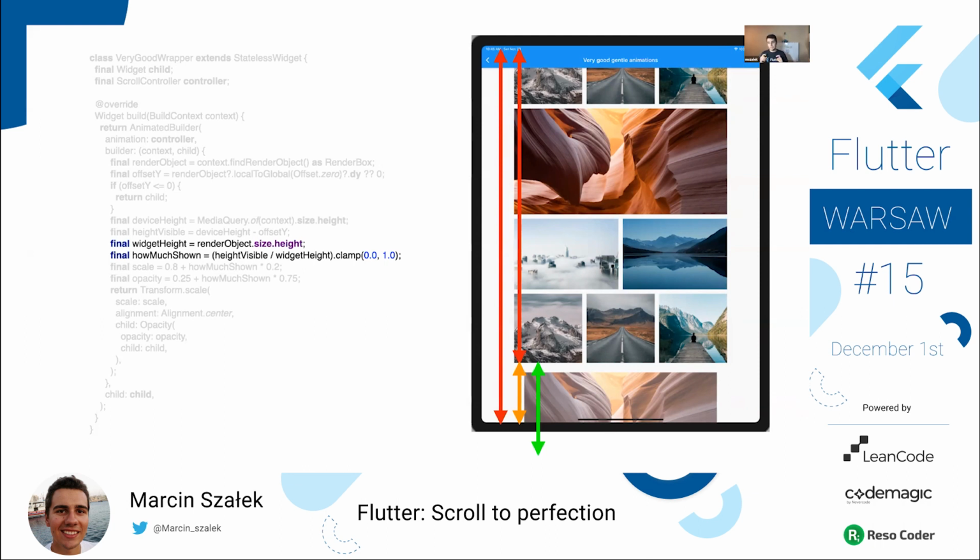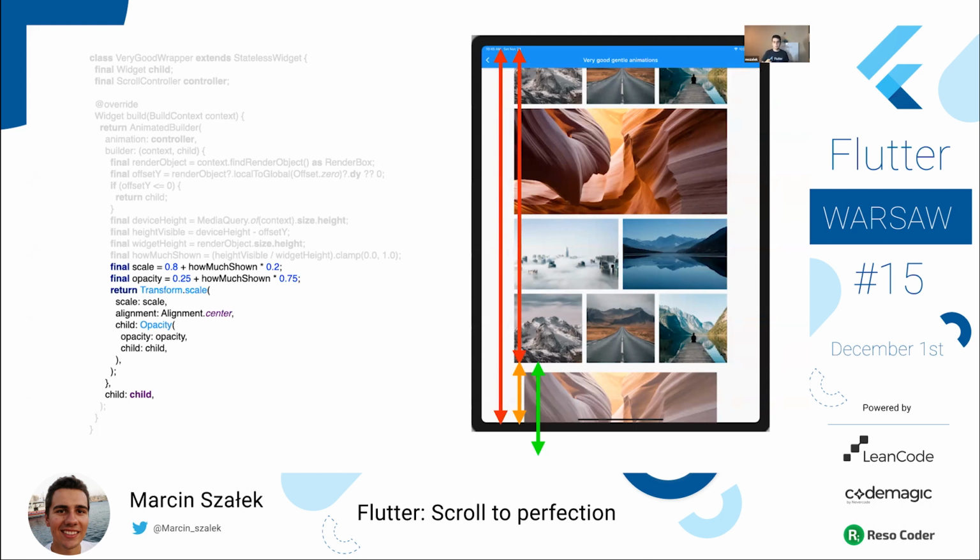And when we have this how-much-shown value, we can just use it to calculate, in our case, scale and opacity. So the scale will transform from 0.8 to 1 and the opacity from 0.25 to 1.